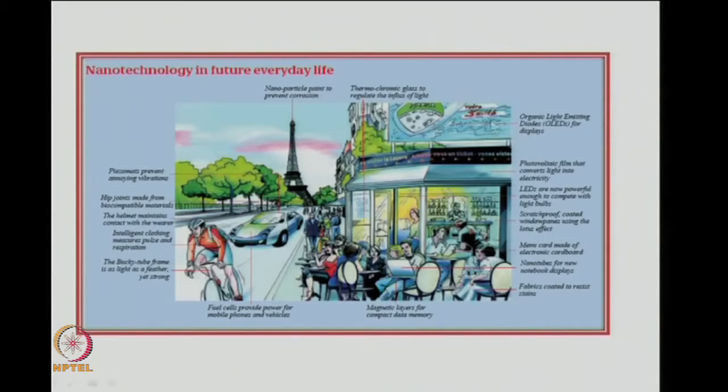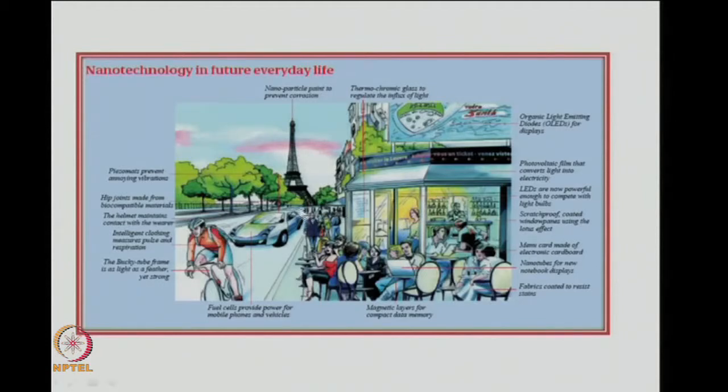Similarly, you will have organic light emitting diodes for displays, photovoltaic films that convert light into electricity, then LEDs to have efficient light bulbs at very low cost based on many new nanomaterials. And then you can have glass coatings which are scratch proof and have hydrophobic surfaces. They can be self cleaning.